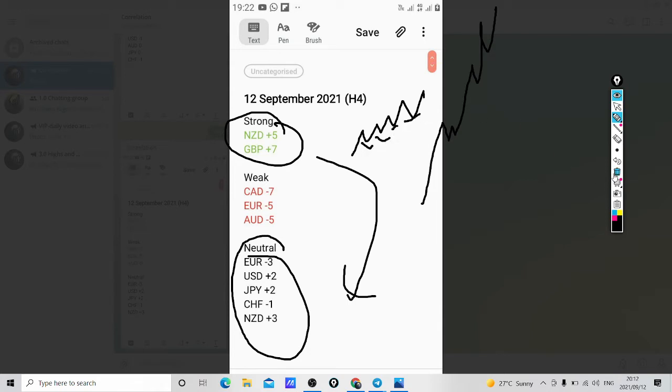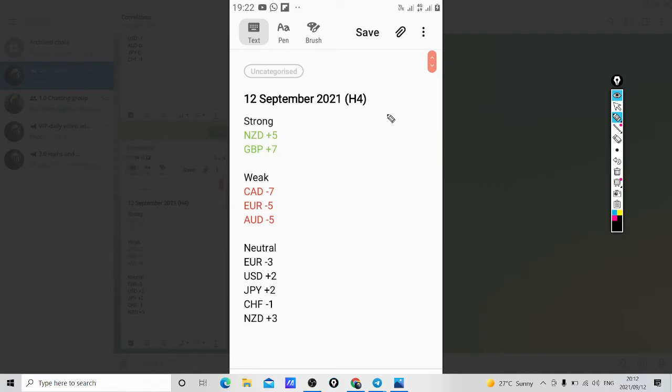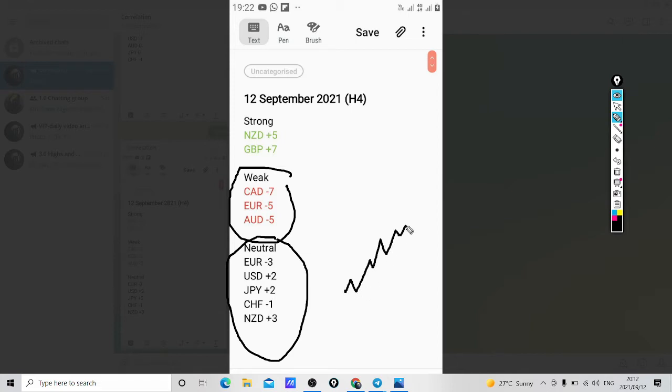Which is very good, because when we trade, we need to get those pullbacks before we take another trade into that direction. And if we pair a weak group with a neutral group, again we are going to see a trend.